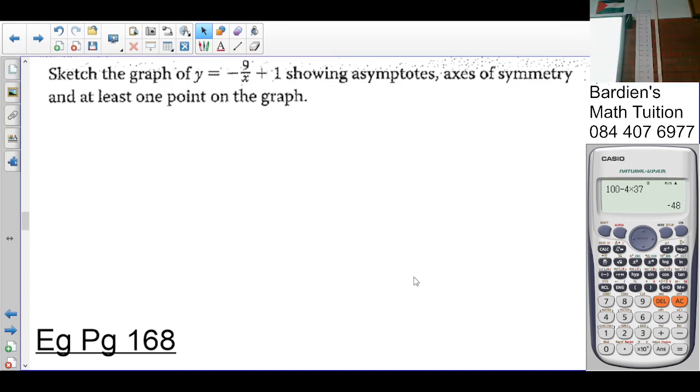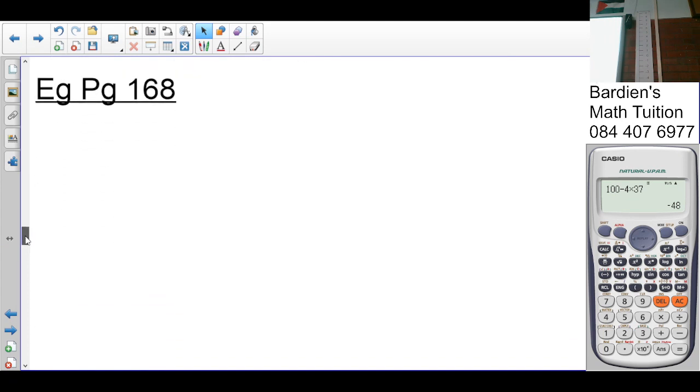So just something you must note at this point is that if you got y equals k/x plus q, that's a graph we will be sketching now, okay? But that's your standard form of the graph.